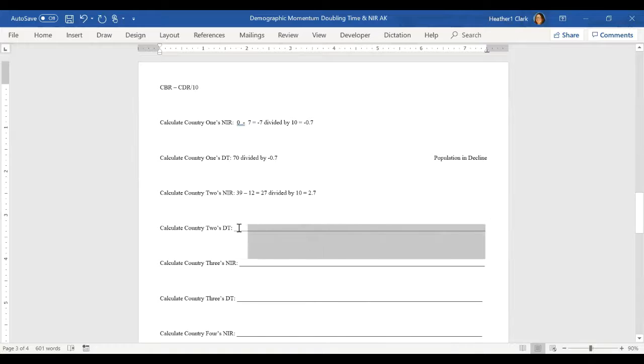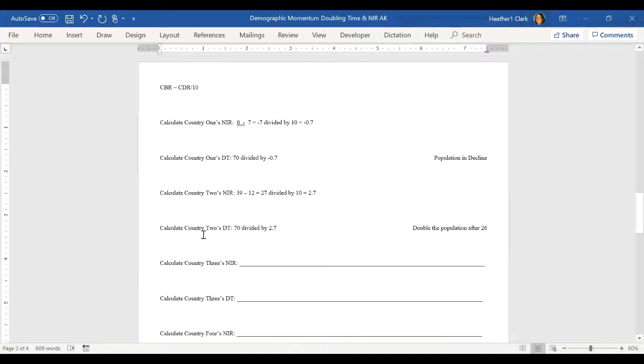Then we'll do the doubling time, 70 divided by 2.7. If you can't do that off the top of your head, you can pull up your calculator. 70 divided by 2.7 equals basically 26. We'll round it. This means that this country is going to double its population after 26 years.